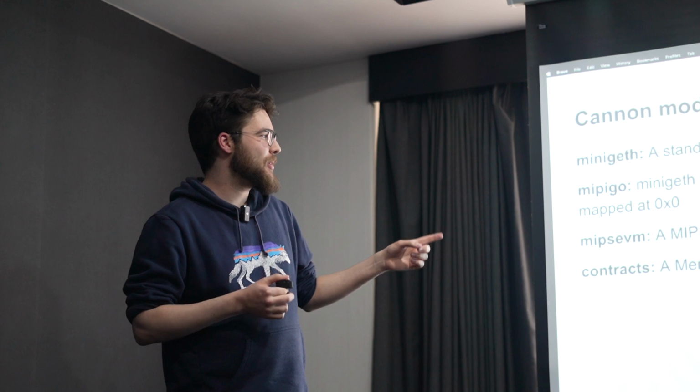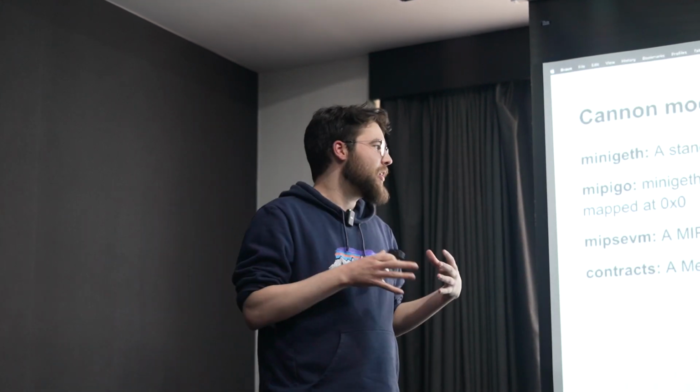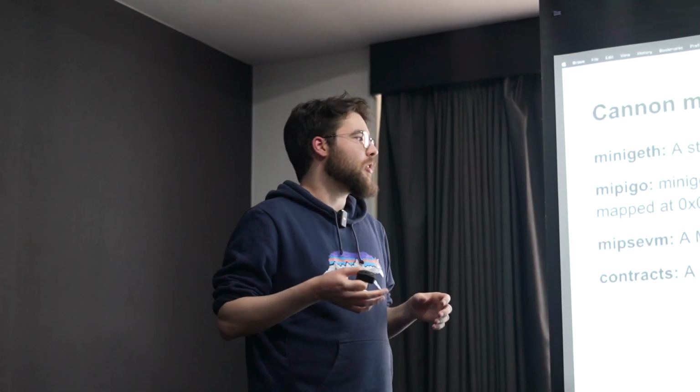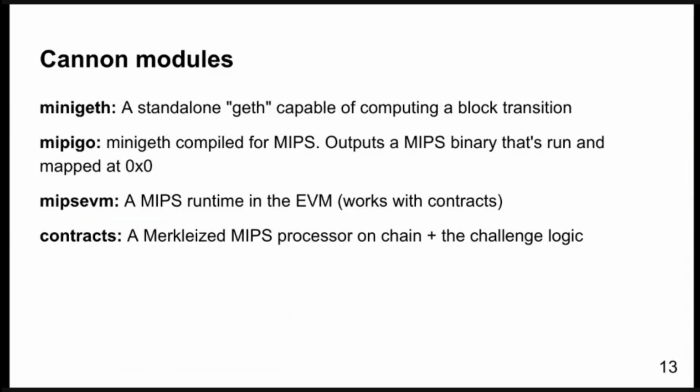We have the MIPS EVM. This is the runtime, the thing that takes the Solidity contract, compiles it, and then emulates it. And there are two modes of this. I'll get into this later. And then there's the contracts directory with the smart contract that runs the instruction emulation.